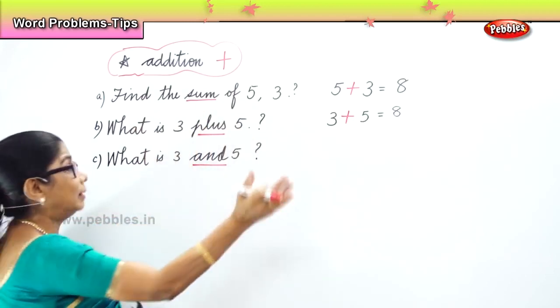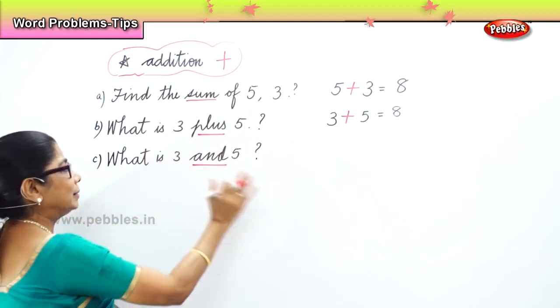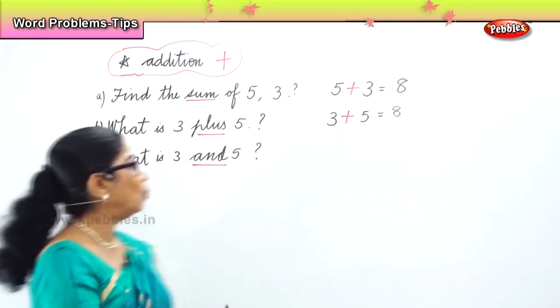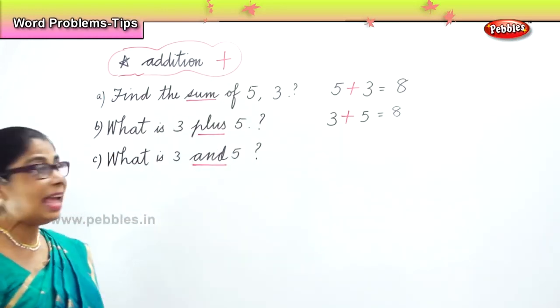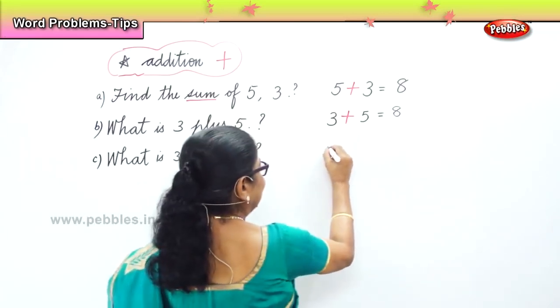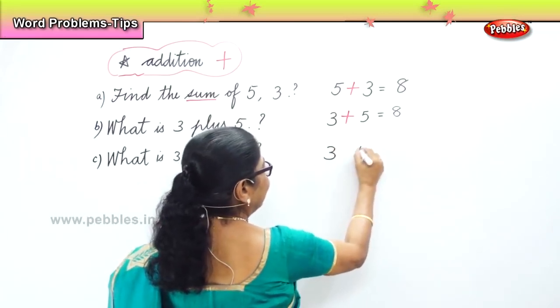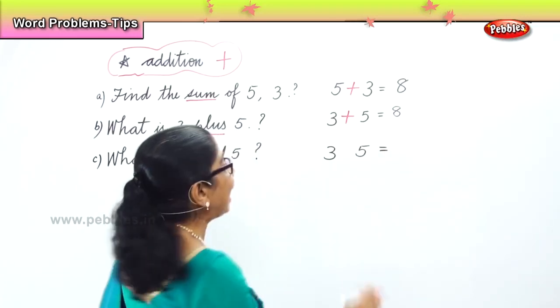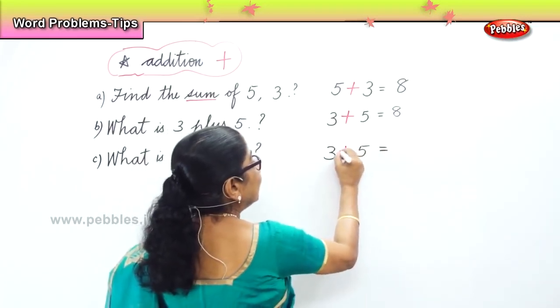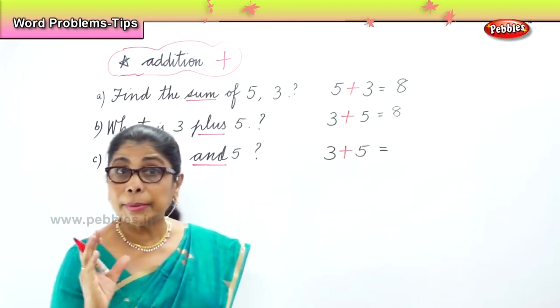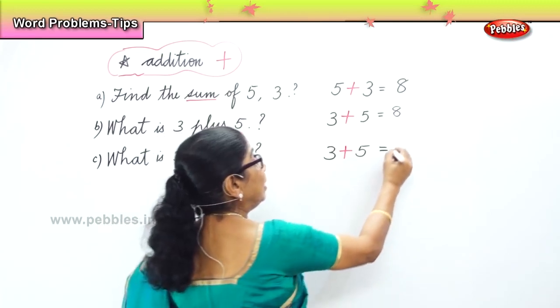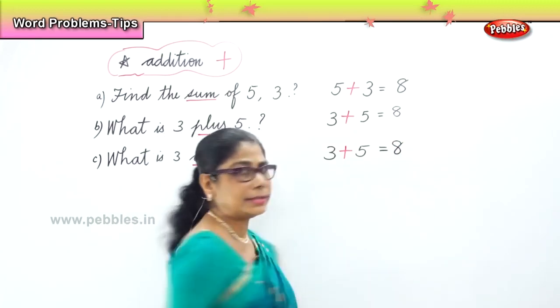Sum means plus, plus means plus, and means plus. We must remember that. Now, what is 3 and 5? What is and? And means plus sign. We must remember that. So 3 and 5 make 8.